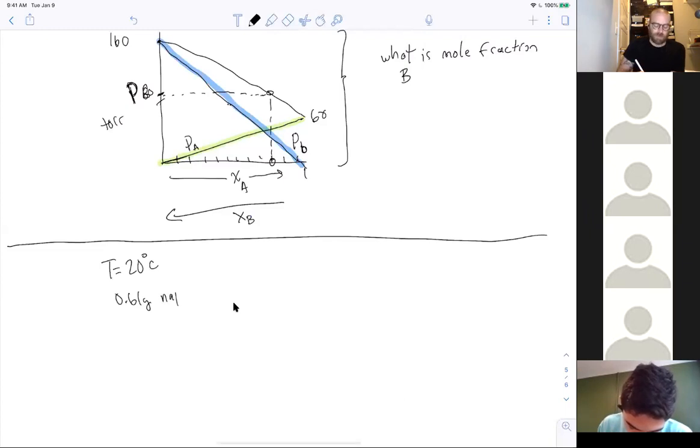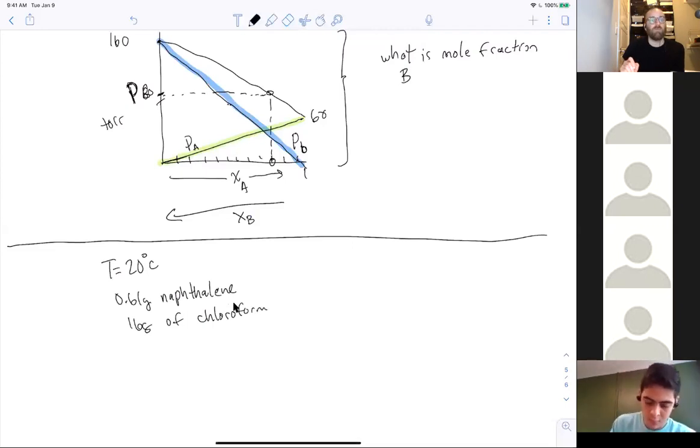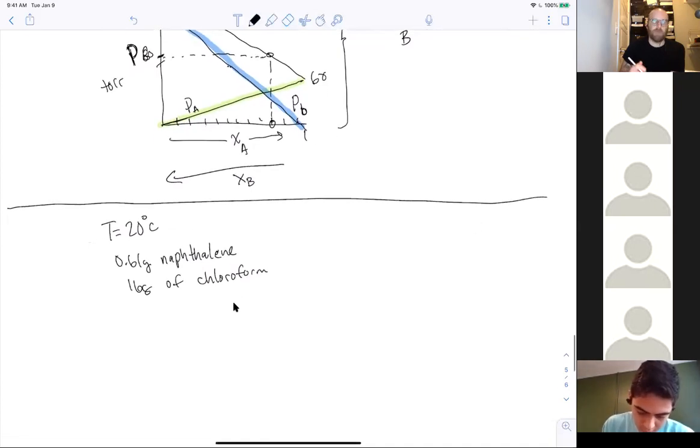I see why this problem is confusing. 16 grams. Sorry. Chloroform. And then it tells you, let's see, can you do this without knowing? I think you have to know the molecular mass of naphthalene.